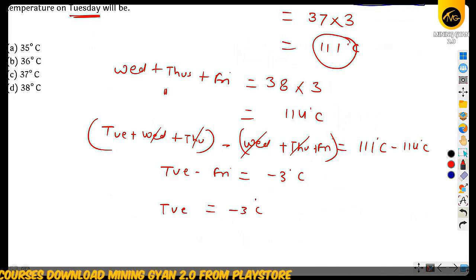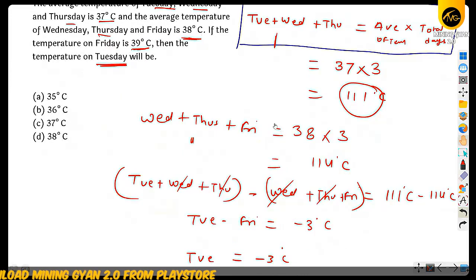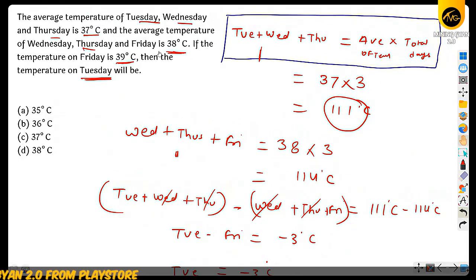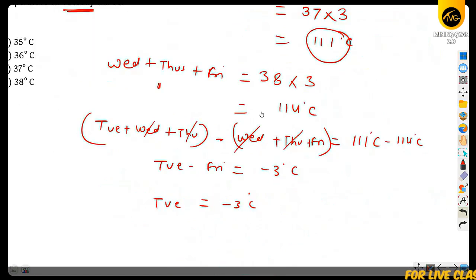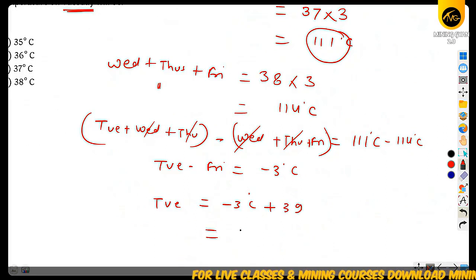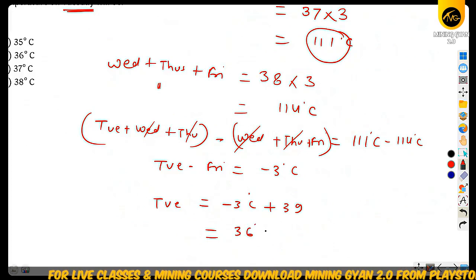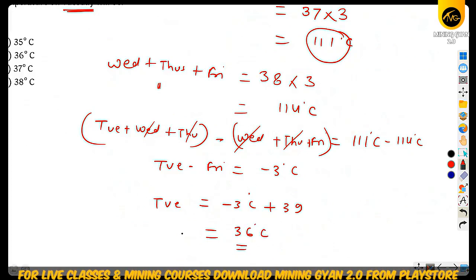We already have the temperature of Friday, which is 39 degrees Celsius. So just put down the plus 39. And now what is the answer? Basically it's 36 degrees Celsius. So Tuesday is 36 degrees Celsius.